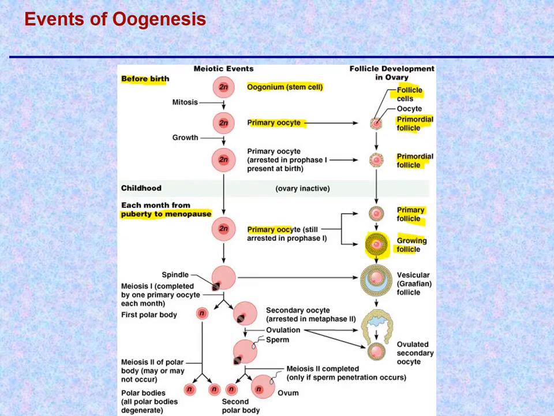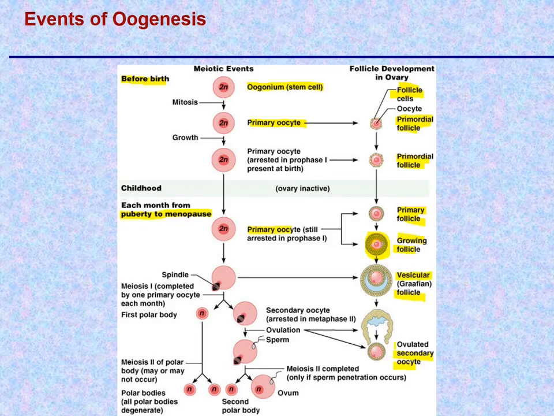And as they develop, you start getting the presence of fluid in this structure until finally it becomes what's called a vesicular follicle, where you have a fluid-filled antrum. And then it bursts out through the external wall of the ovary, releasing a secondary oocyte. So we start with a primary oocyte and go to a secondary oocyte.